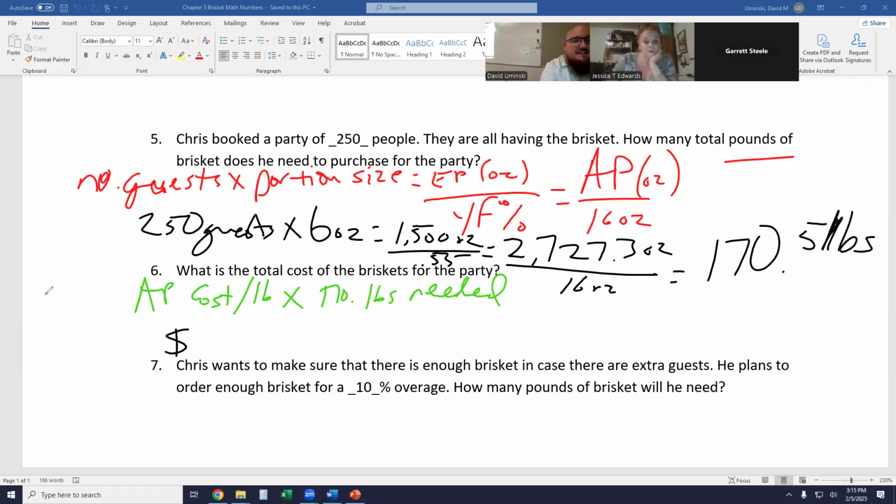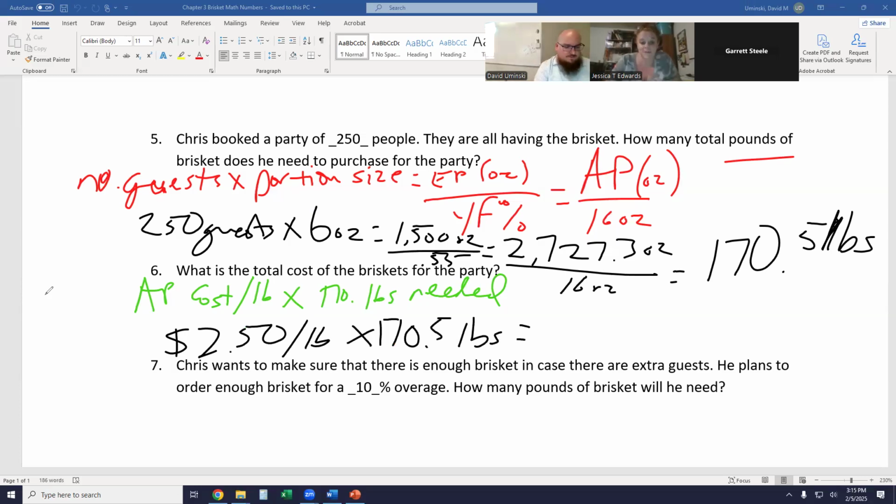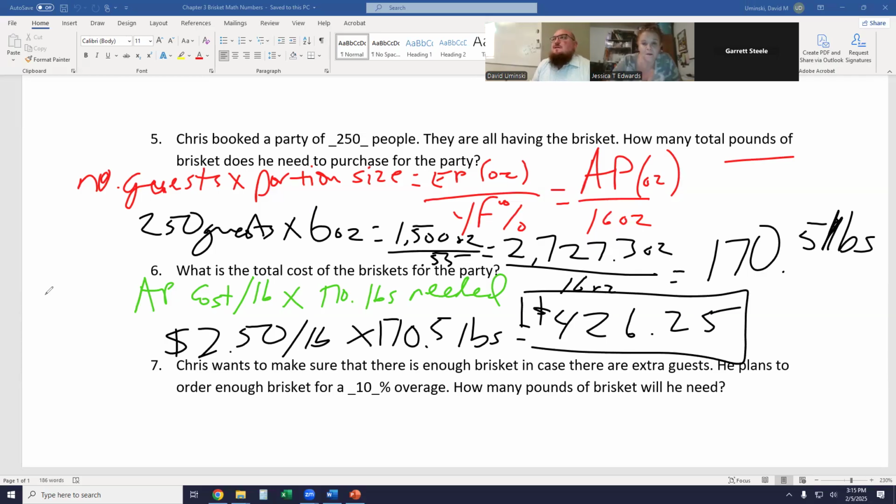So $2.50 per pound times 170.5 pounds is $426.25. Okay? That's how much money it's going to cost me to purchase the brisket for those 250 people.